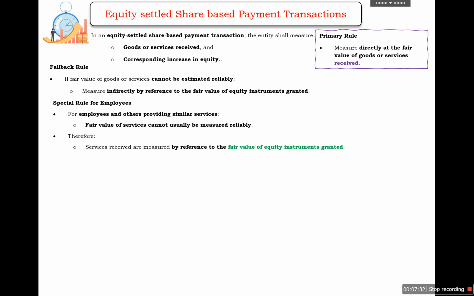If it cannot be measured reliably, then we need to check the fair value of the equity instrument issued, but that will be in rare cases. It is normal in the case of employees, as we cannot measure the value of their services reliably, so we need to look for the fair value of the equity instrument granted.